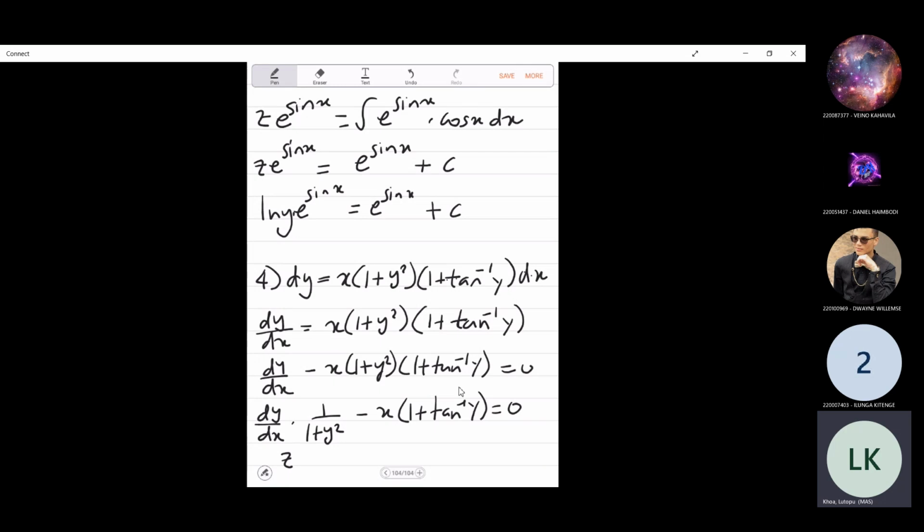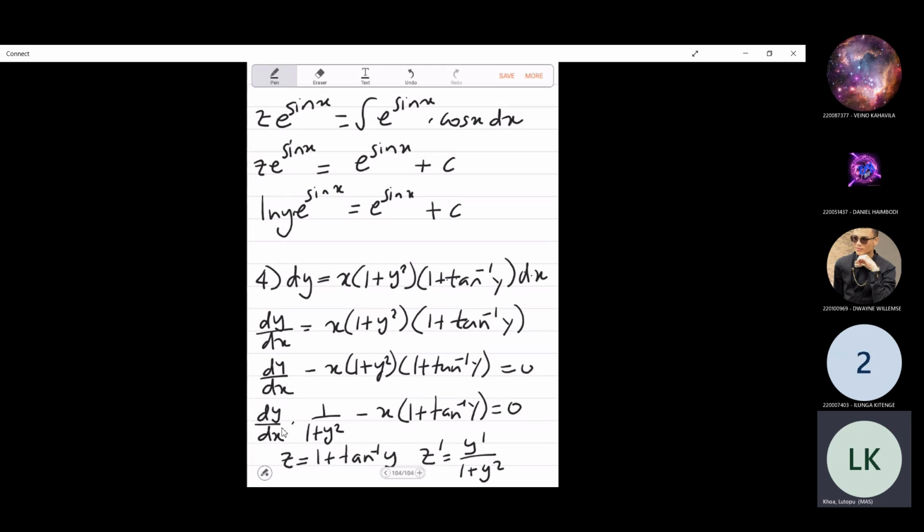So we have z is equal to 1 plus tan inverse of y, and this means that z prime is y prime over 1 plus y squared, which is exactly what we have over there.